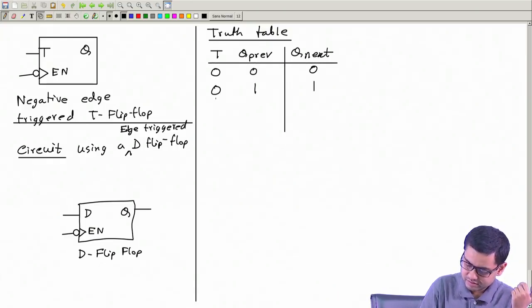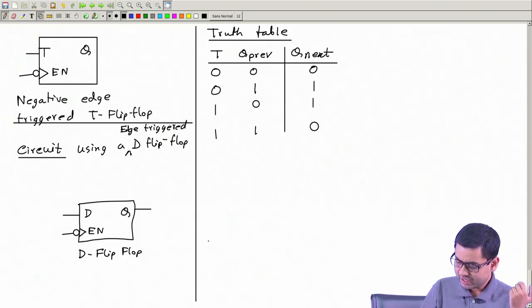But if T is equal to 1, then I have two choices. If Q previous is 0, Q next will become 1. If Q previous is 1, Q next will become 0. Now you see that this truth table is the truth table of a XOR function.